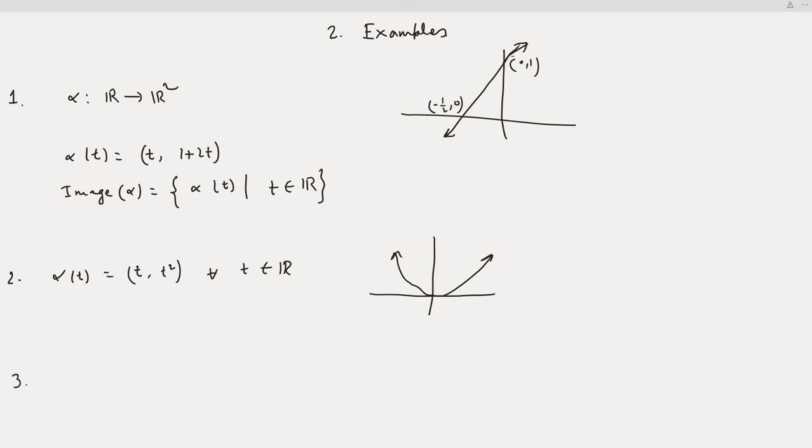Example 3. Here I would like to mention one point.